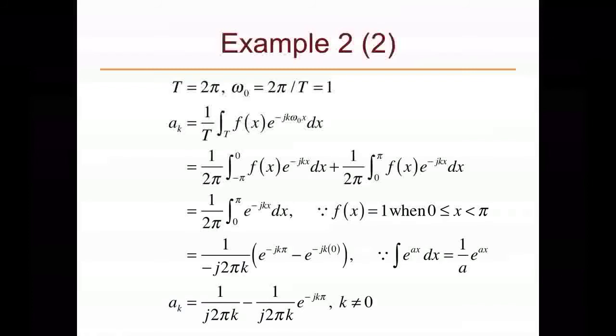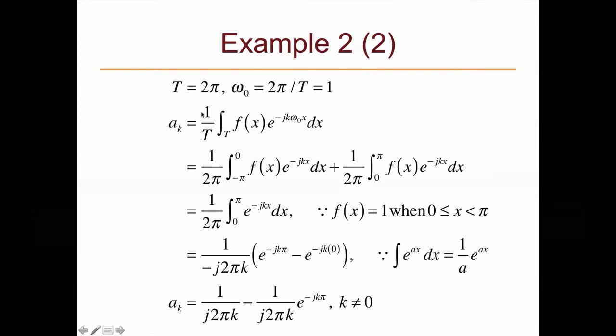What we need to do is to first state what we know. We know that the period T equals 2 pi. That means the fundamental frequency omega_0 equals 2 pi over T, and since T is 2 pi as well, omega_0 equals 1. If you do not know how to begin, you can just first write this analysis equation, and then plug in the values that you know.